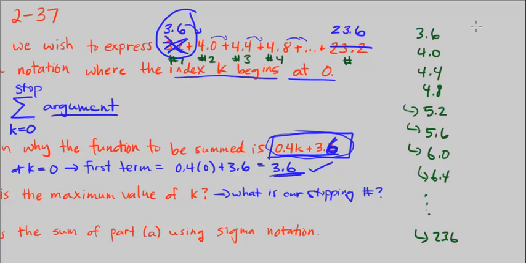This is term 0, this is term number 1, 2, 3, 4, 5, 6, 7, and so on.